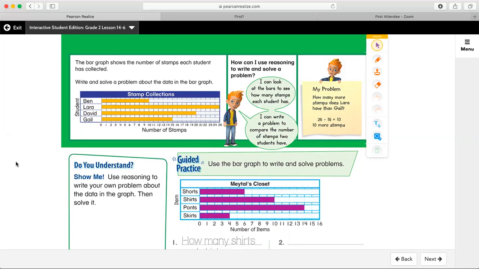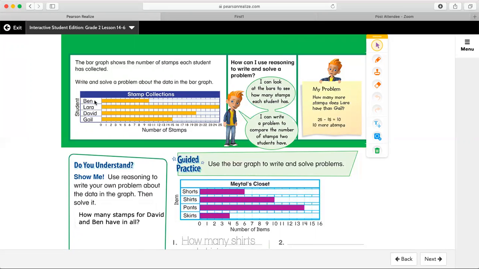A question that I might have used for mine, and maybe you discovered the same problem, is how many stamps do David and Ben have in all? That might be a question that I want to solve for.